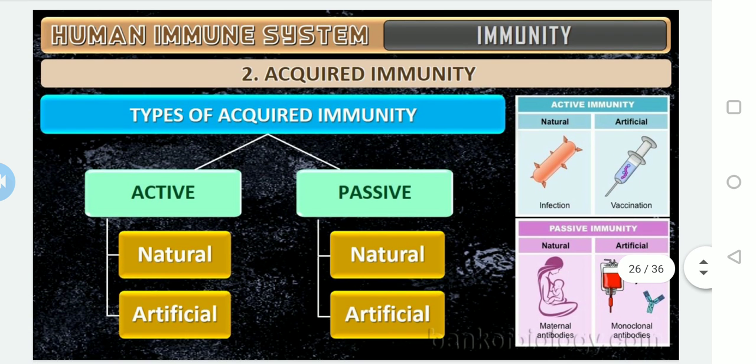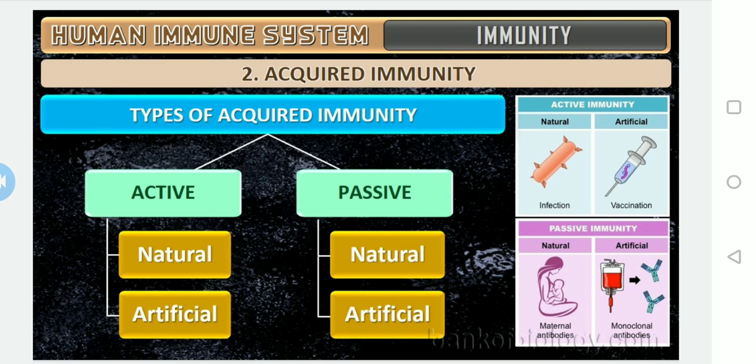Okay, after this, whenever it comes to acquired immunity, it is broadly divided into two types: active immunity and passive immunity. Active immunity is further divided into natural and artificial immunity.